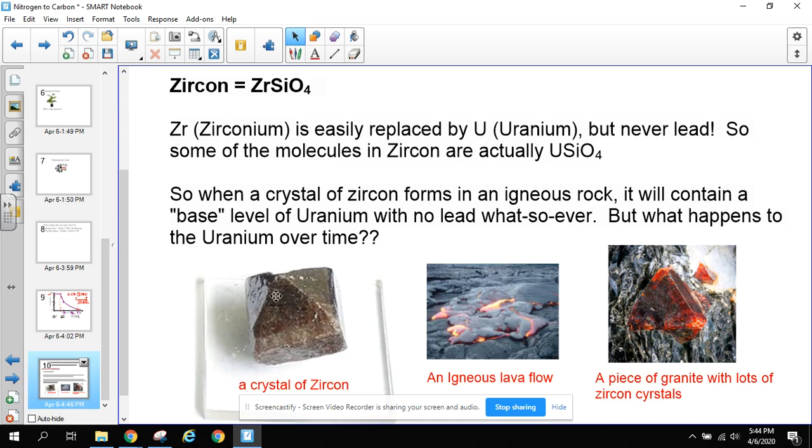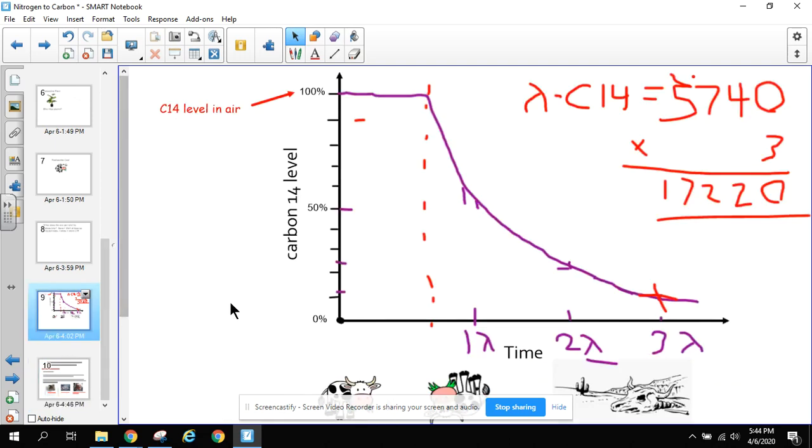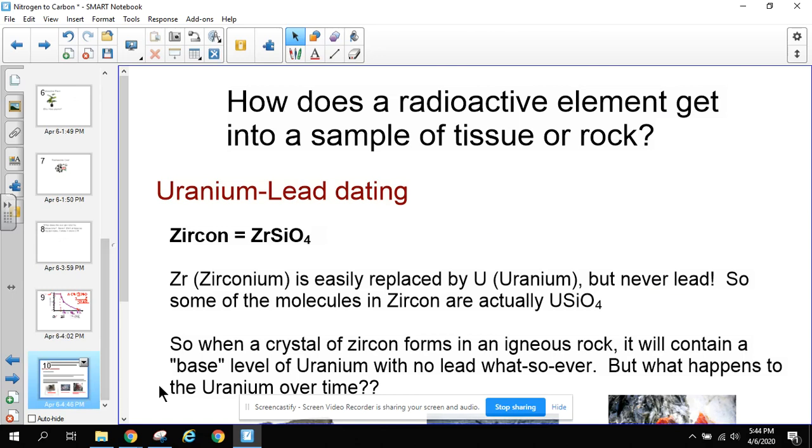Well, when this first cooled off, there's going to be zero lead in it. But as time goes by, the uranium in it will turn into lead. And so the more lead you get, the more time has gone by. We can use a radioactive decay curve, just like we did for our dead cow and carbon 14, to figure out how many half-lives have gone by for a crystal of igneous rock.